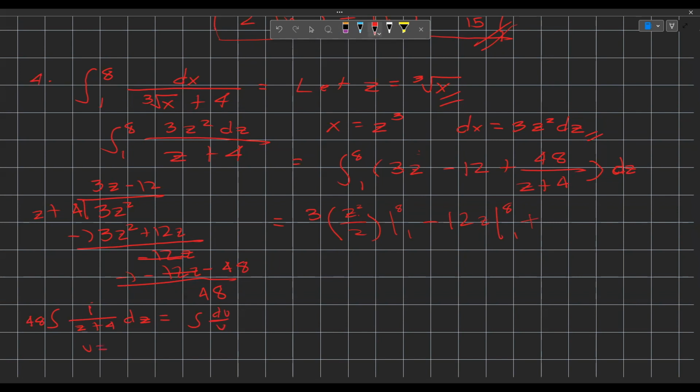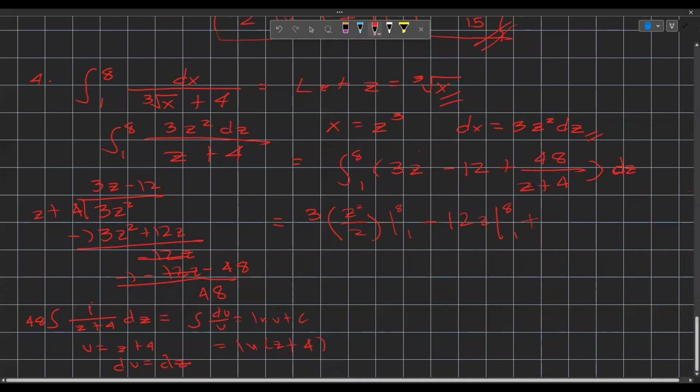Our u is equal to z plus 4, which means our du is equal to dz, which means that this one is equal to ln u plus c, which means our integral for the last term will become the ln of z plus 4. So let's write here ln of z plus 4.